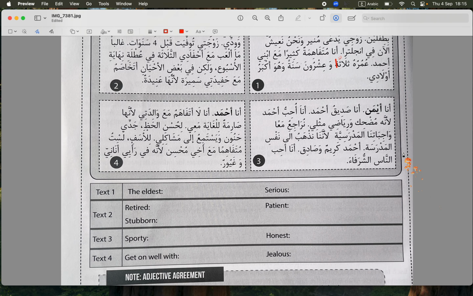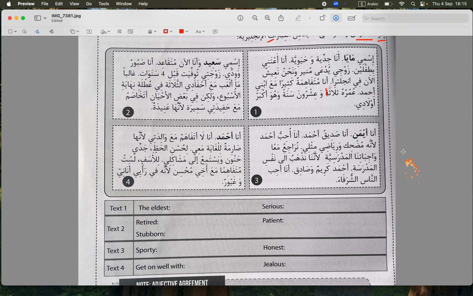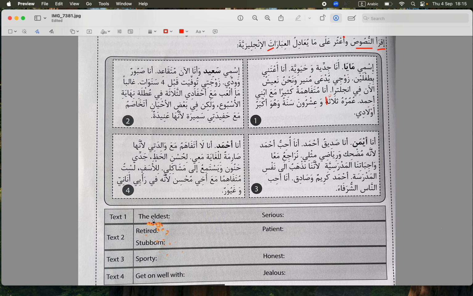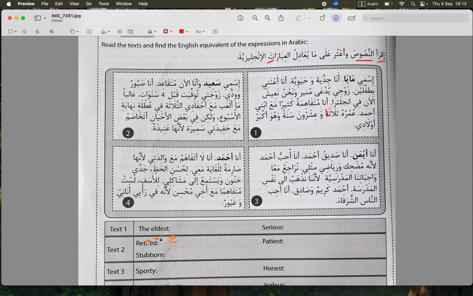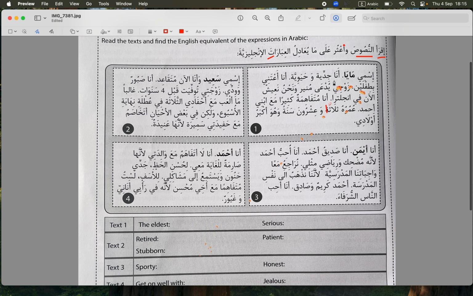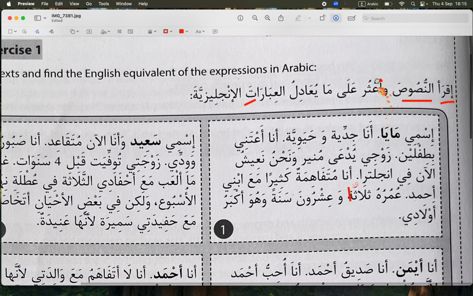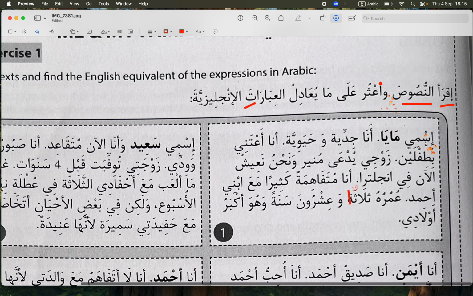Because if we look at this, here is the English, and we're looking for these expressions or phrases, but in Arabic.